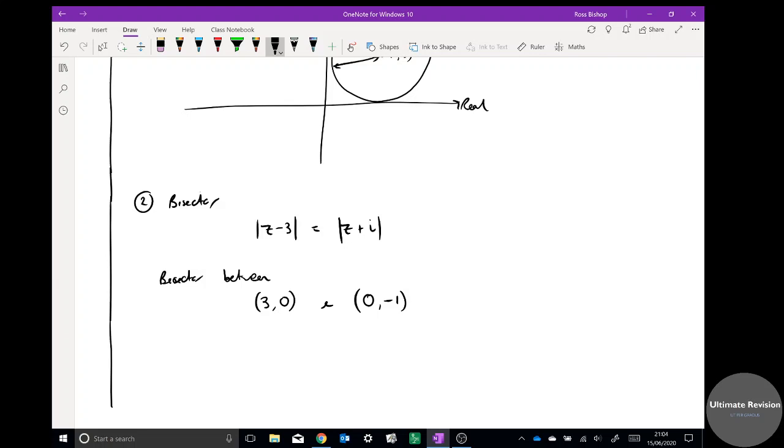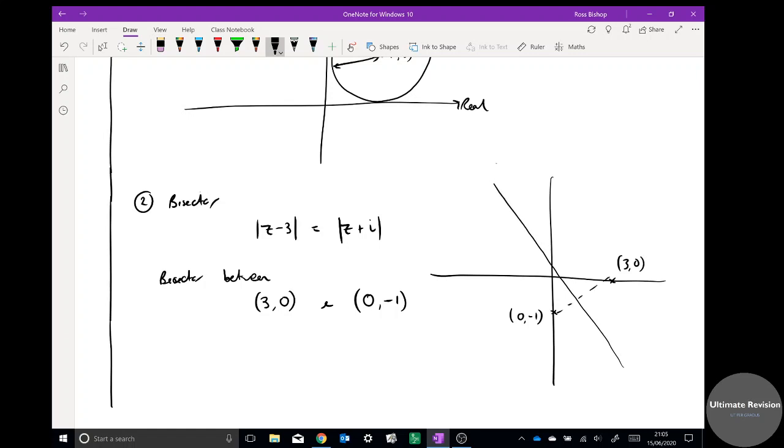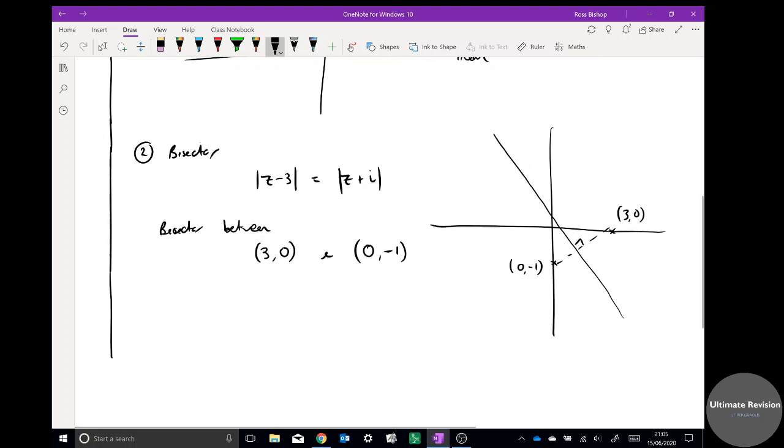Okay, so in reality what this would look like, 3, 0 is there, and the other point 0, minus 1, and what this line represents is the perpendicular line. I haven't done that well, but it passes through the midpoint and it bisects those 2 points. Okay, and there are ways you can work out the equation of that line using line geometry.